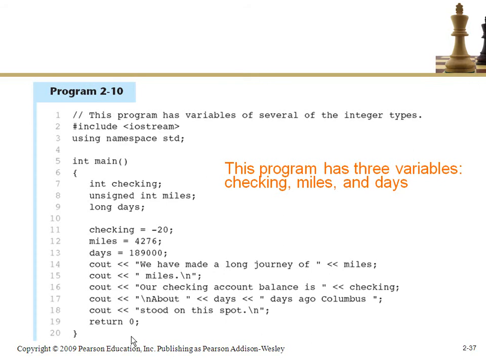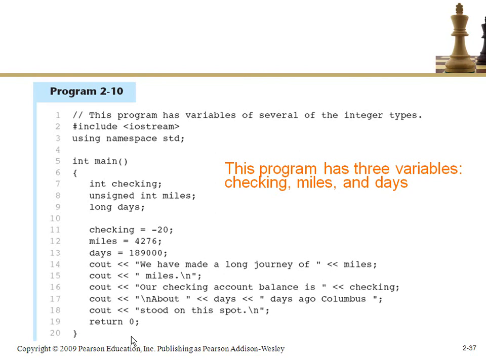Notice in statement 11, we are assigning a negative 20 to checking. We are assigning in statement 12 another integer to miles, and we are assigning another long integer to days.